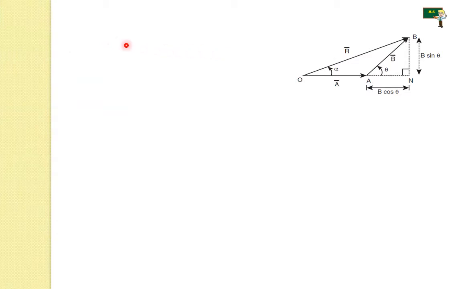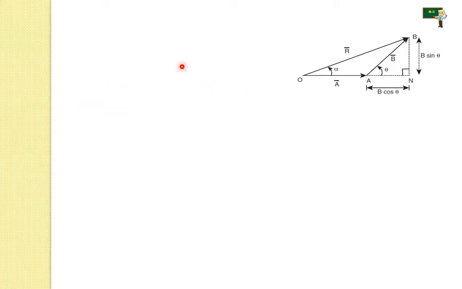If you expand with the (A plus B) the whole square formula, we get A square plus B square cos square theta plus 2AB cos theta plus B square sin square theta. Now combine the terms: take A square plus B square to the left side, take cos square theta plus sin square theta common, and 2AB cos theta.